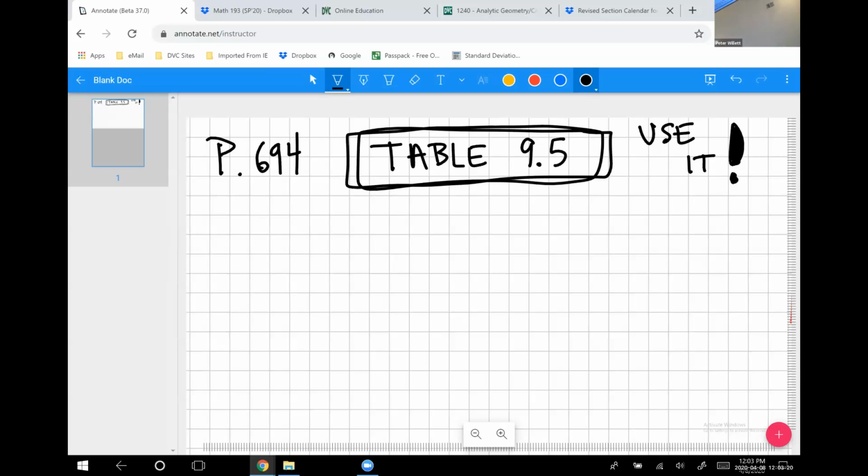So on the table, we have a big list of results, and they list out the function, what the series is, what the formula for the series is, and what the domain of the series is.